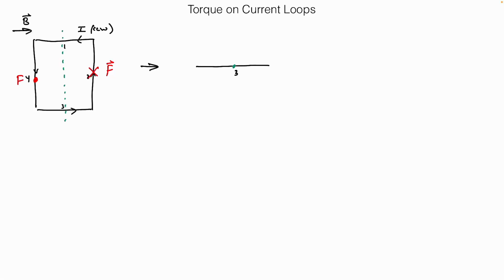The axis that I defined is sort of pointing at us, right? So that means that the current on side number 2 is flowing into the page, isn't it? And the current on side 4 is flowing out of the page.